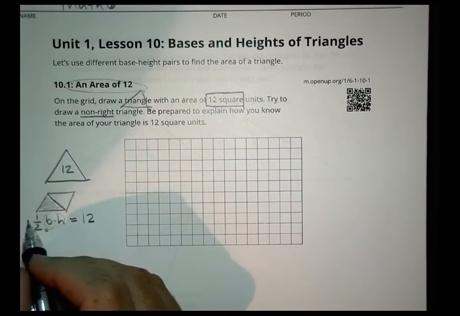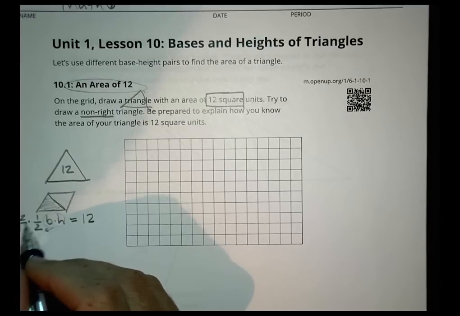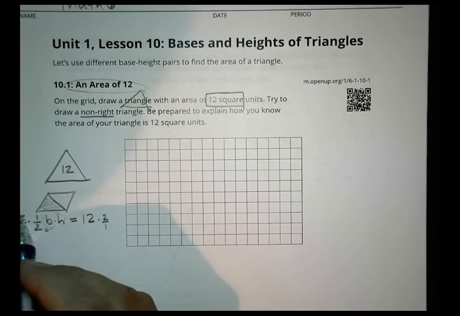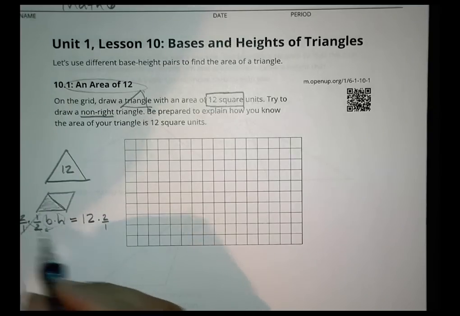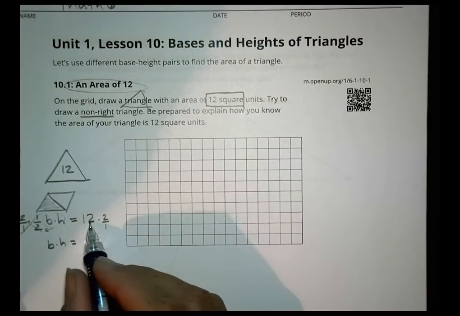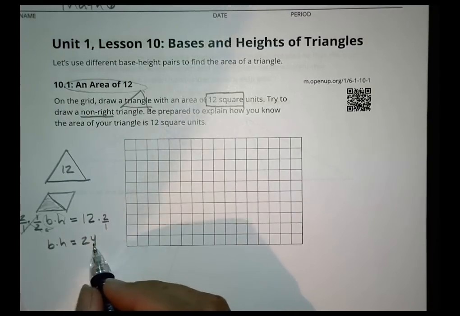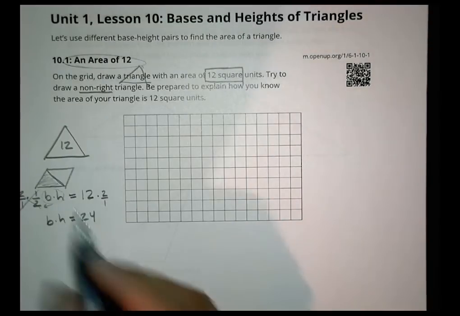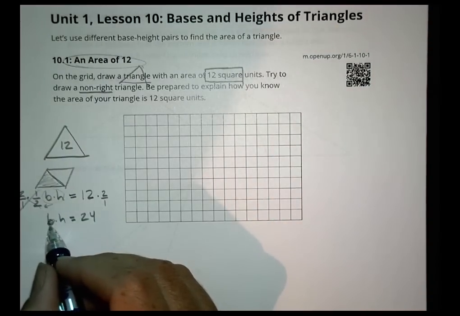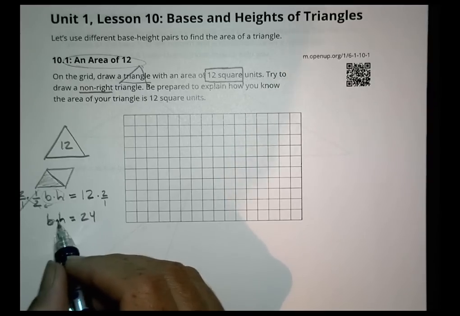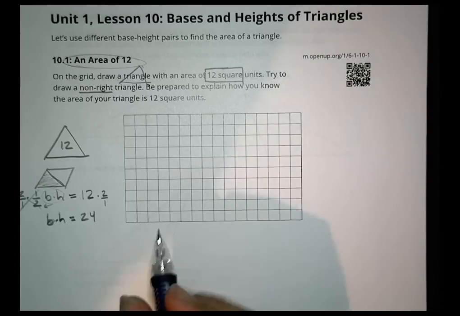If I wanted to, I could multiply both sides by 2 to eliminate the half there, so that the base times the height is going to be equal to 12 times 2, which is 24. So as I'm thinking about triangles to construct, I want to make sure that when I multiply the base and the height together, the product of those numbers is 24.